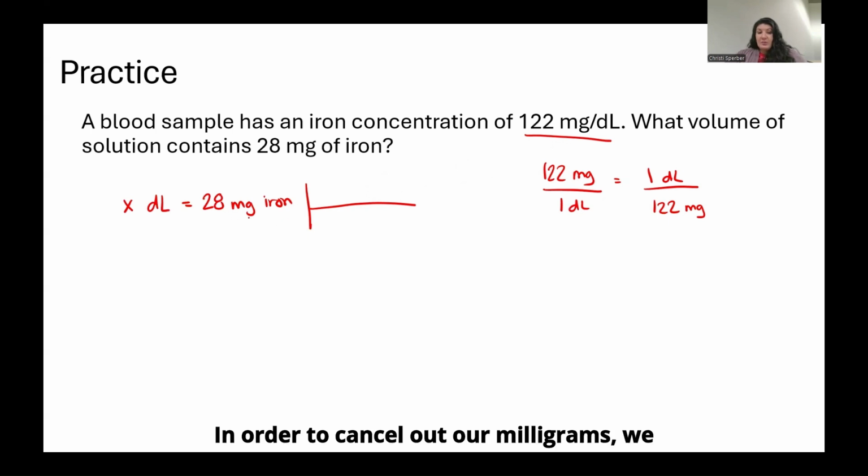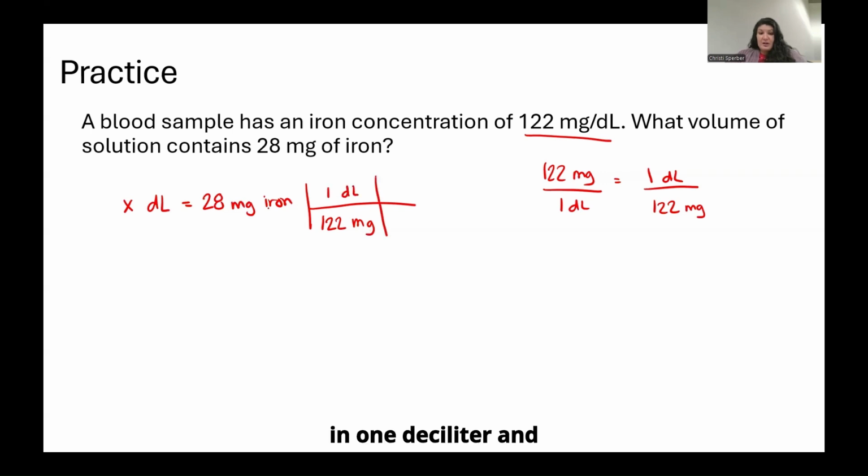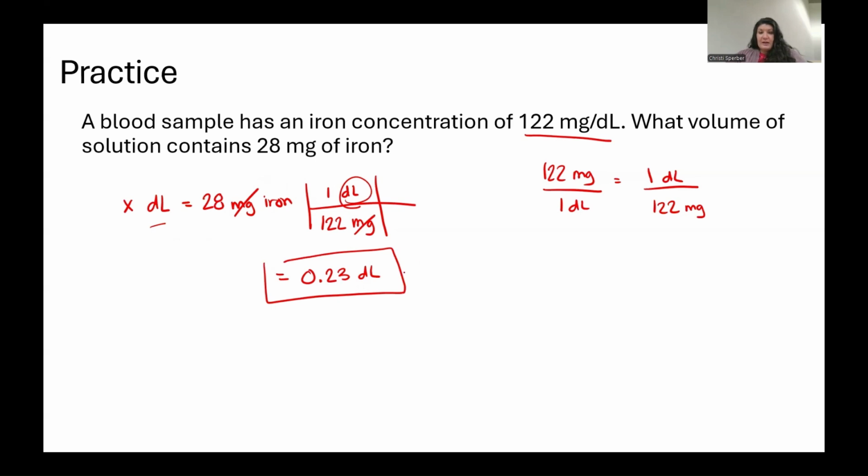In order to cancel out our milligrams, we need to have milligrams on the bottom for our conversion factor. So I'm going to put for every 122 milligrams in 1 deciliter, I'm going to cancel out my milligrams. I'm left with deciliters, which is what I want. Multiply everything on top, divide by the bottom. This equals 0.23 deciliters. This is my volume. So for every 0.23 deciliters, there are 28 milligrams of iron.